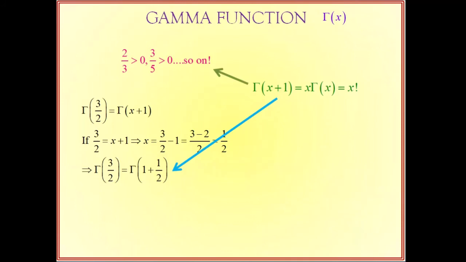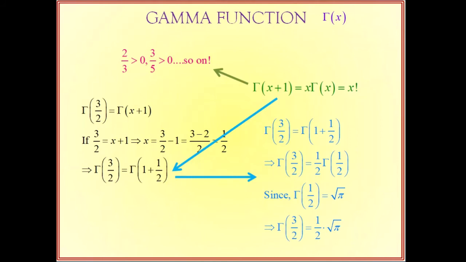As you can see, the formula is applicable to it, so you can pause the video to verify the answer. Also notice that we have used gamma 1 upon 2 as root pi. This is also the fixed value of it.